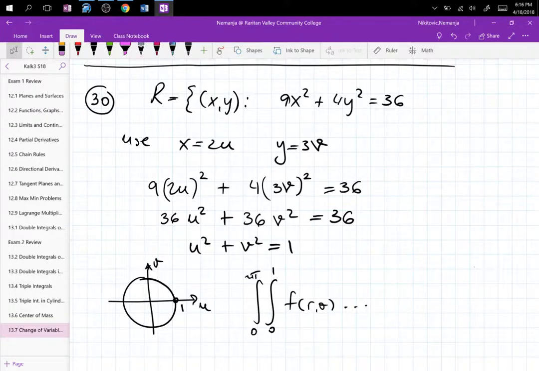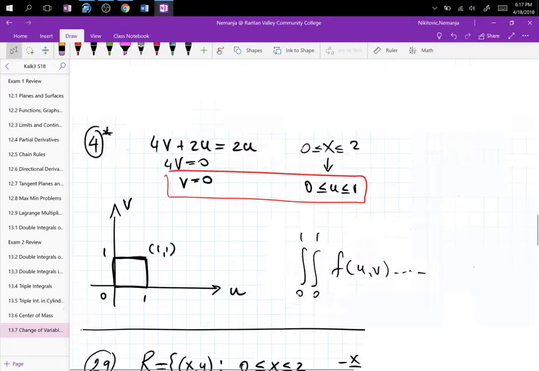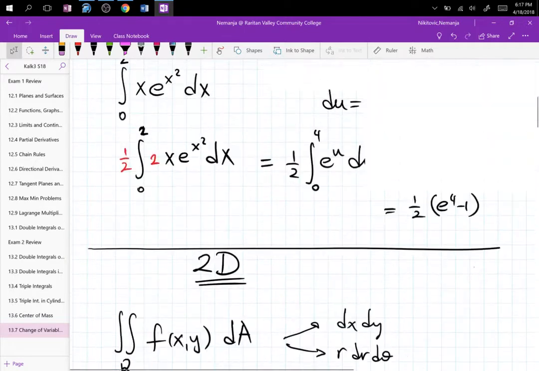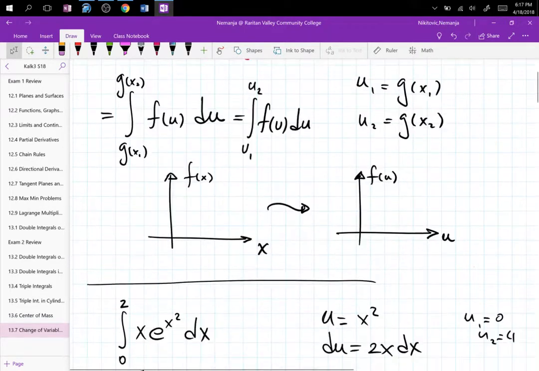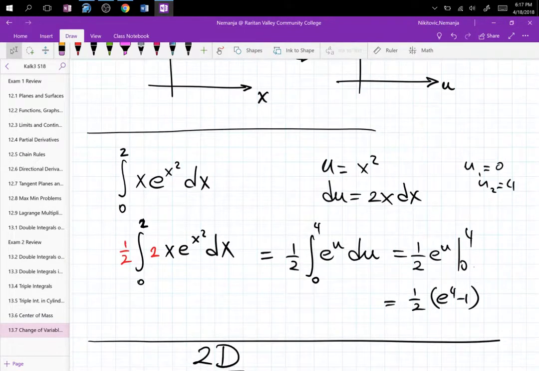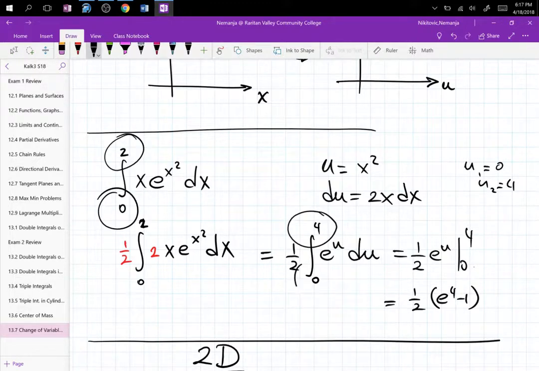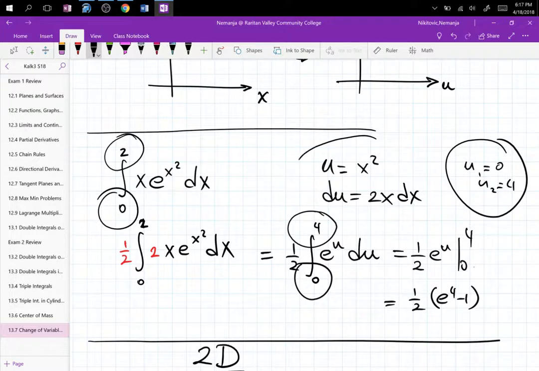What have we done? What part of our basic U sub problem from Calculus 1 have we done so far with transforming these regions? What we have done is we learned how to change these limits into these limits using this and that. That's all we did. Okay?